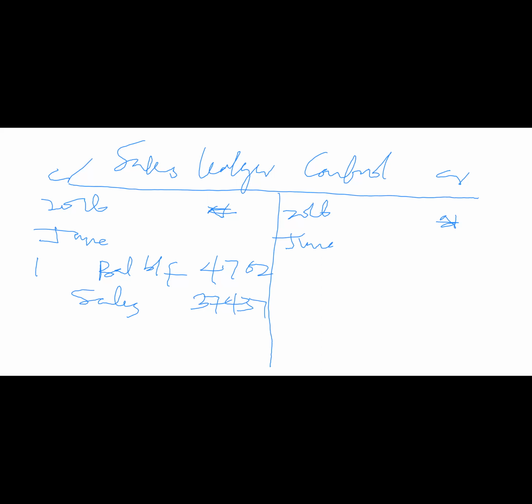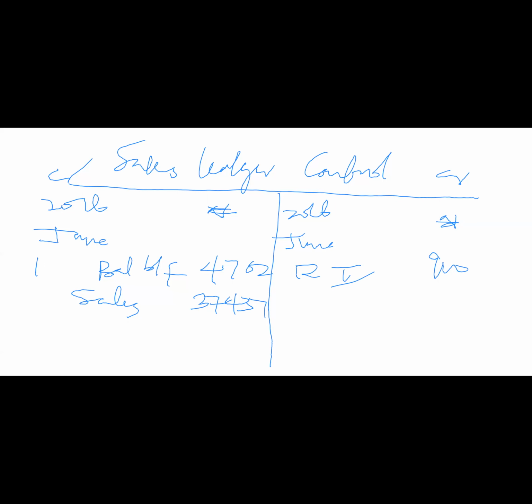That will go to the purchase ledger account. Then we have the return inward. The return inward will be posted to the credit side of the sales ledger account, which is return inward of 910. Then the next one, we have return outwards, so that will not be included.